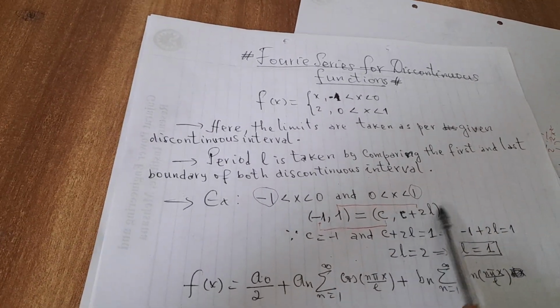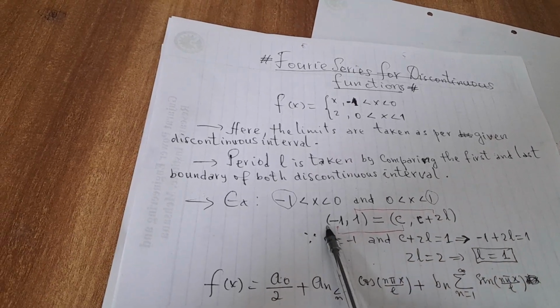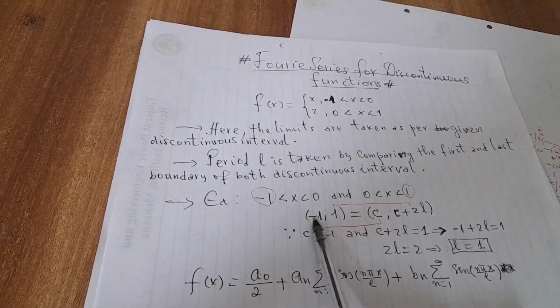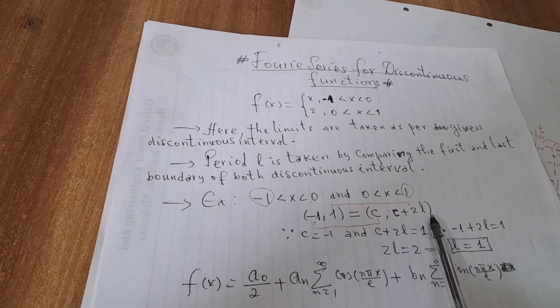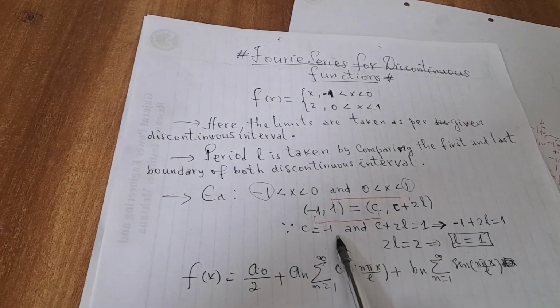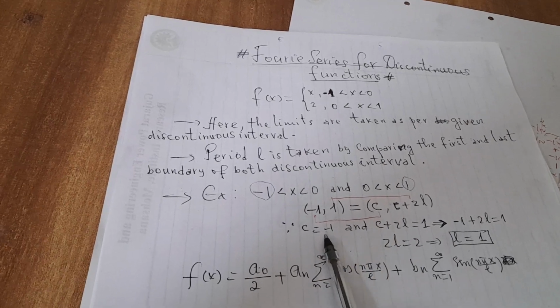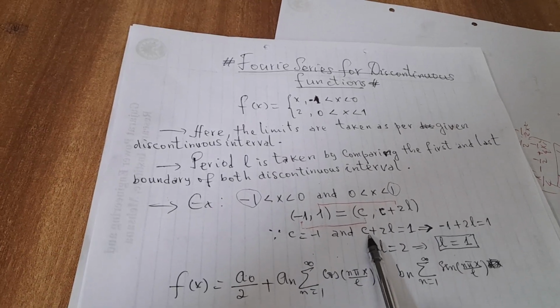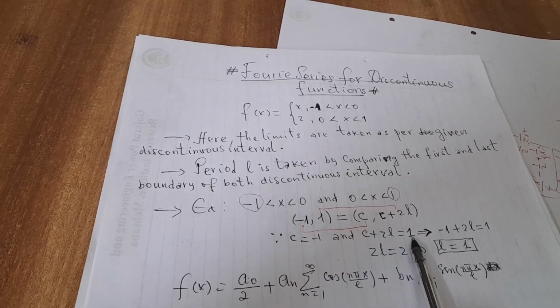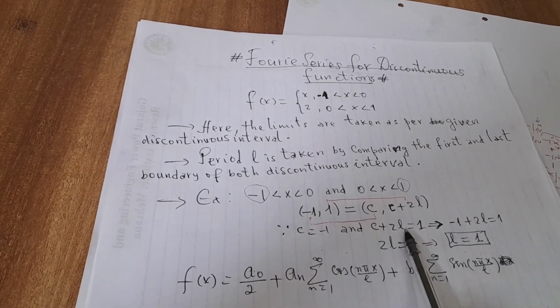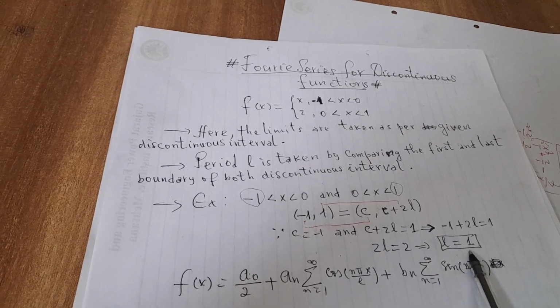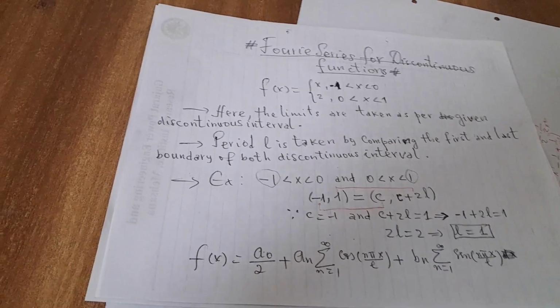So -1 will be equal to C, and 1 will be equal to C plus 2L. Since C is -1, we put the value of -1, and C plus 2L is equal to 1. Just do this and you will find L, the period of this function.